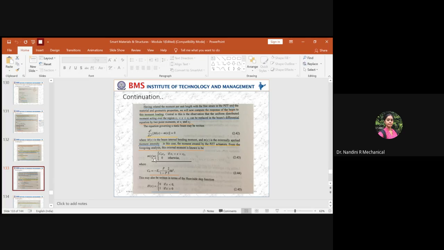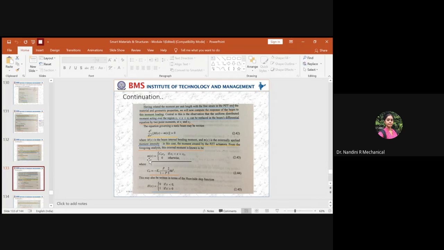The range for the internal bending moment is given this way. C here stands for the capacitance of the given piezo element, and this is the free strain of the given piezo element. Whenever you speak of bending moment, you speak about the parameters of the piezoelectric element only and not the structure.